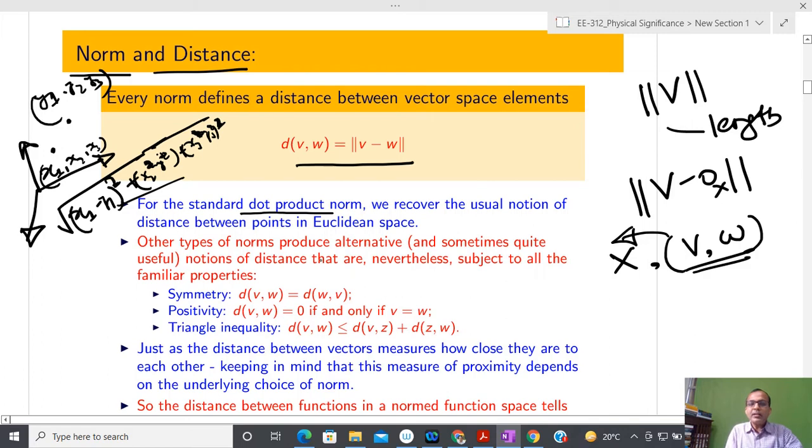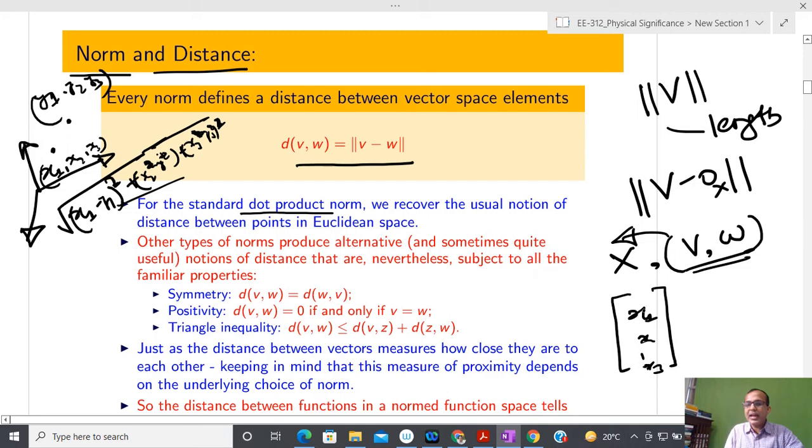Now if you see this distance, it will satisfy the symmetry property, because if we define the norm like this, and in the previous class we have already seen, suppose V and W, whatever vector space X I have considered, suppose the element of this space is in the form of a column vector, just for example, and suppose everything is real, so real numbers x1, x2 up to xn, all in the form of a column vector.